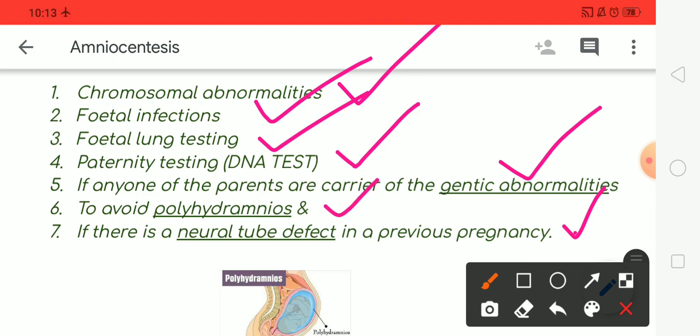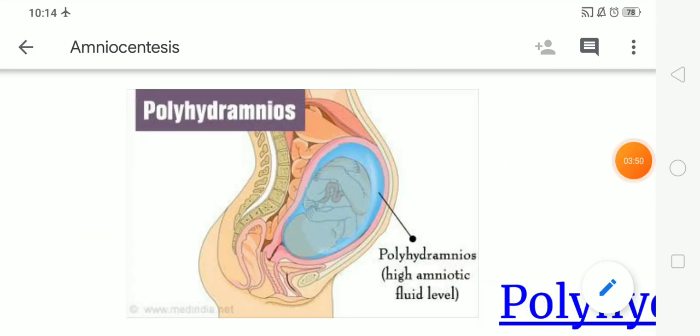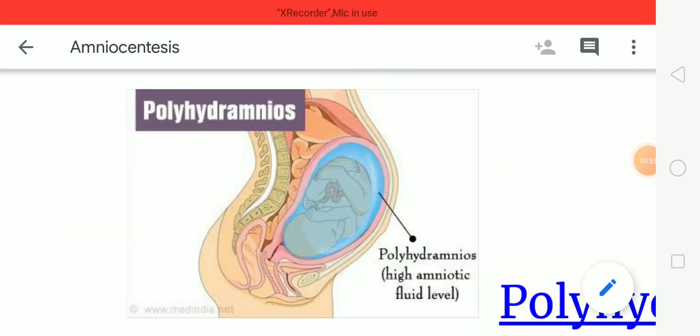Polyhydramnios is nothing but the presence of excess amniotic fluid. Due to the excess amniotic fluid, there is a chance of the baby consuming the amniotic fluid. So to avoid a polyhydramnios situation also, amniocentesis is preferred. In the diagram we can clearly see the polyhydramnios fetus, having a high amount of amniotic fluid.